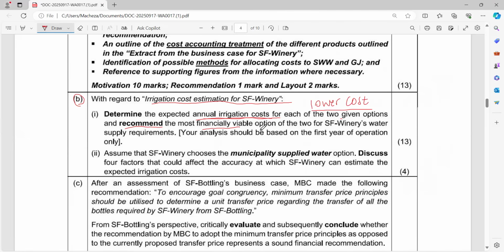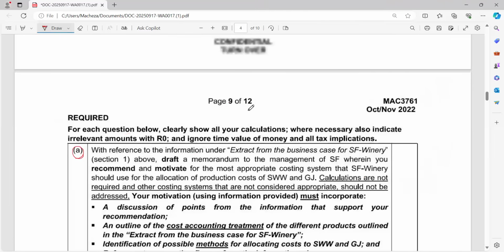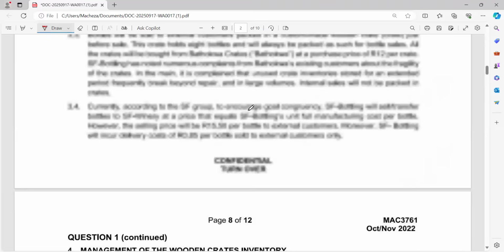If you cannot link a question to a topic, you won't be able to answer it. The scenario itself will tell you which topic.